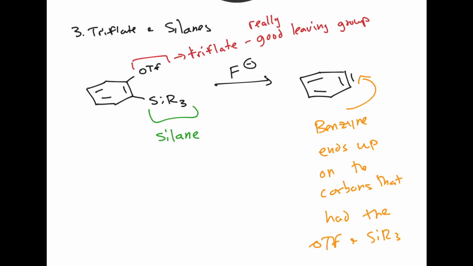So what ends up happening is I'll draw some stuff out here. So a triflate looks like this. And then we'll pick a silicon. We'll do 3 methyl groups. It's the easiest one. So when you have a fluoride, silicon loves fluorine more than any other element on the periodic table.